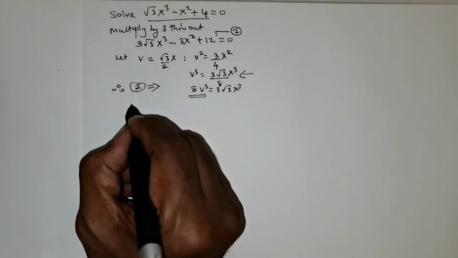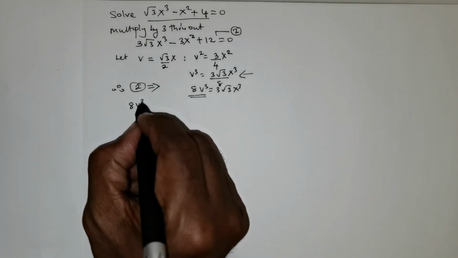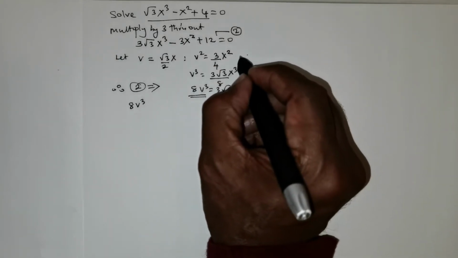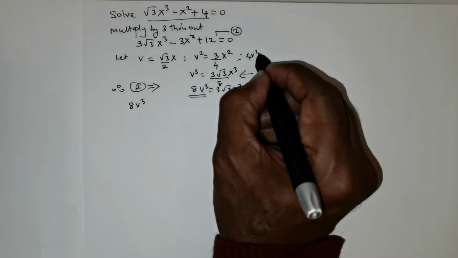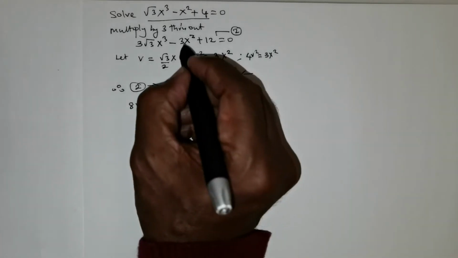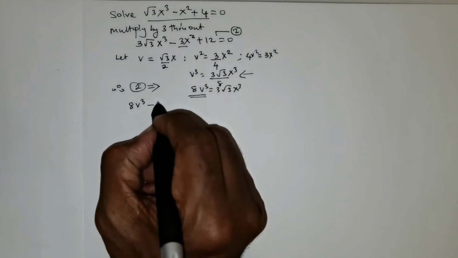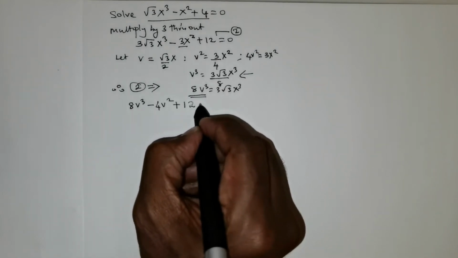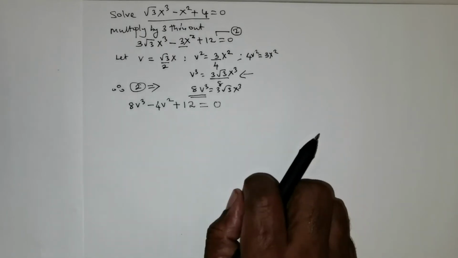So this would be the substitution. So 8 times v cubed. In the place of 3x squared, I would be substituting 4 times v squared, which is equal to 3 times x squared. So this would be negative 4 times v squared added with positive 12 equal to 0.